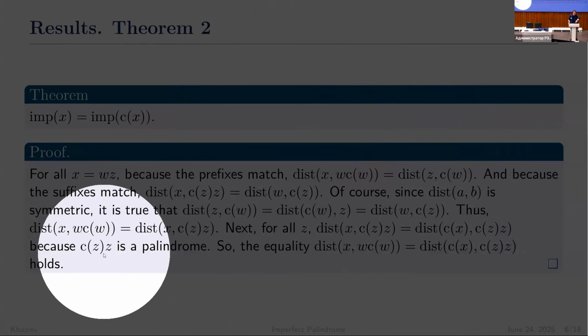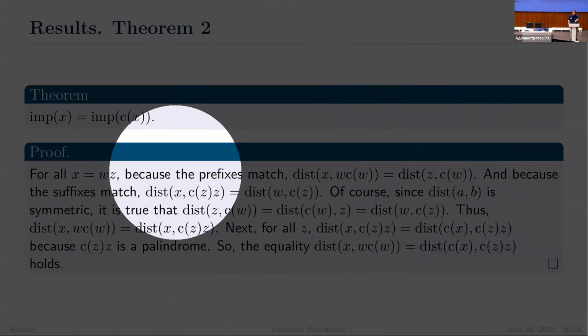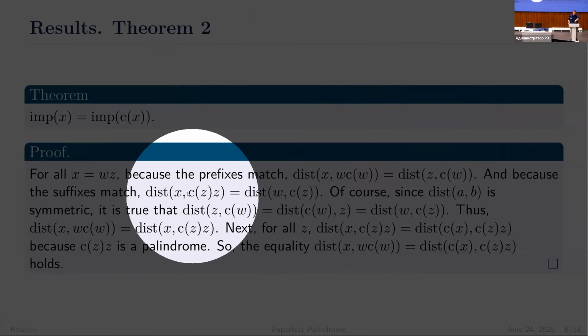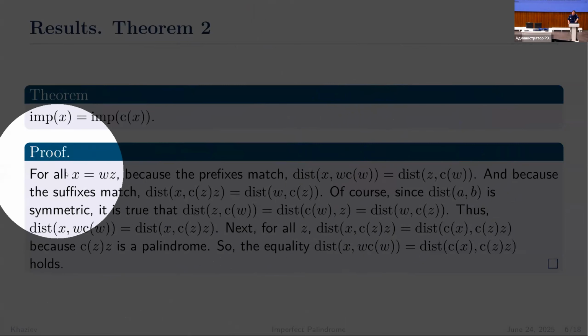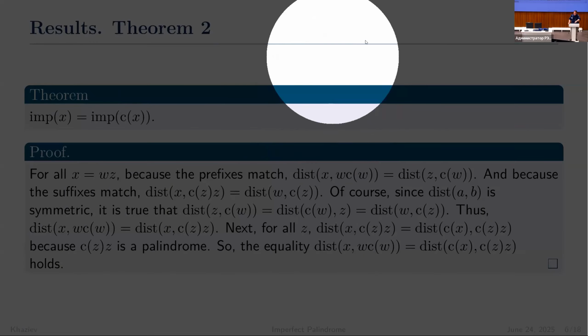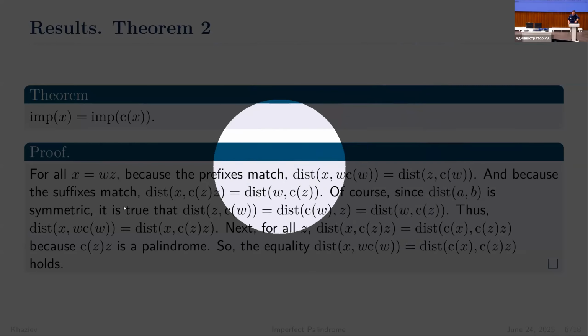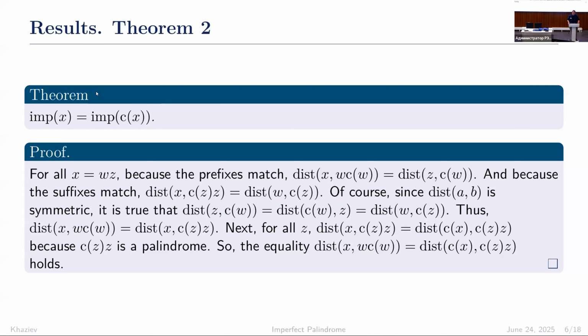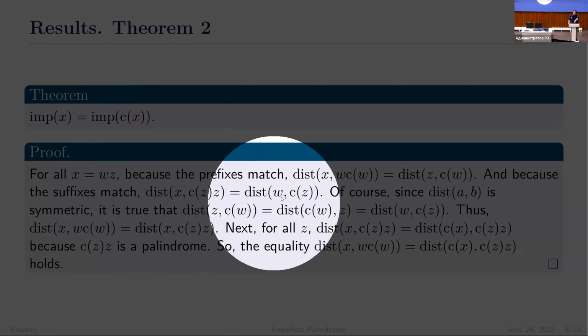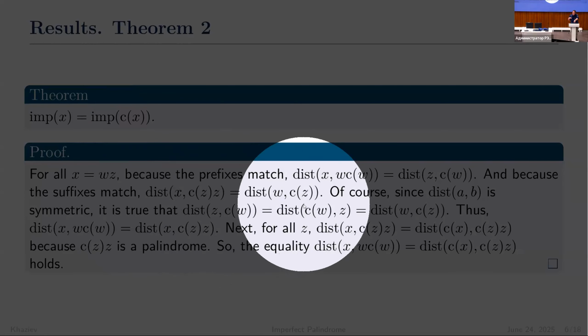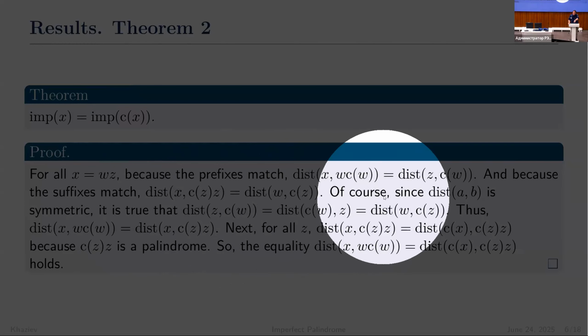And since the suffixes match, also the distance between x and C of z concatenated with z is equal to the distance between w and C of z. And of course, since distance between a and b is symmetric, and distance is preserved if we compute the reverse complement of both sides, it is true that the distance between z and C of w is equal to the distance between C of w and z, which is equal to the distance between w and C of z.